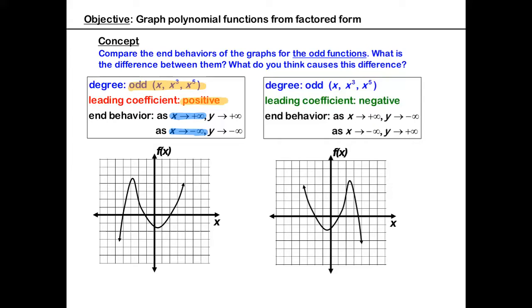And then the y portions of the end behavior tells you if it's up or down. So because x is positive, that tells me that's the right side. Y is positive, that tells me it has to go upwards. So if I look at the graph over here, my right side is pointing upwards, okay? And then the second portion says x goes to negative, that's the left side. Y goes to negative, that means it's pointing downwards. And I can see on the graph, the left side goes downwards.